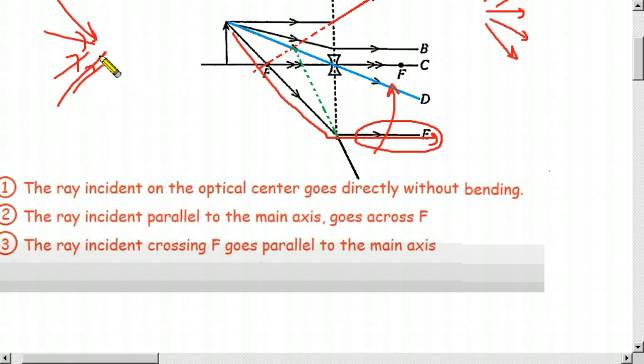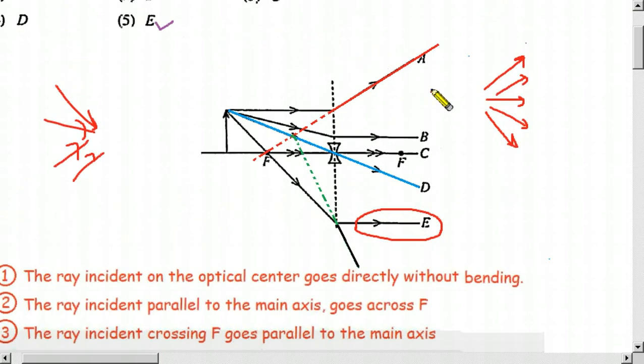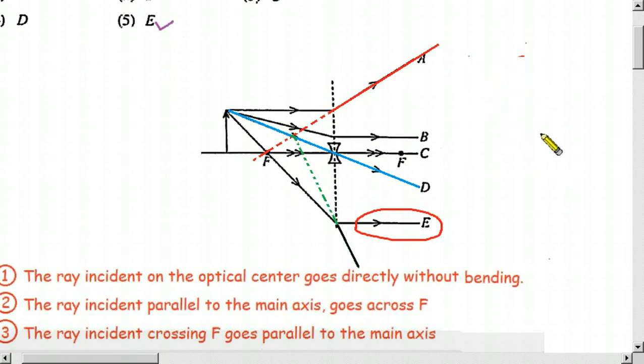So it is converging, and it can't happen. If it were a converging lens, it would have happened, but now it is a concave lens, so the correct ray should be like this. It should be a diverging ray, not a converging ray.